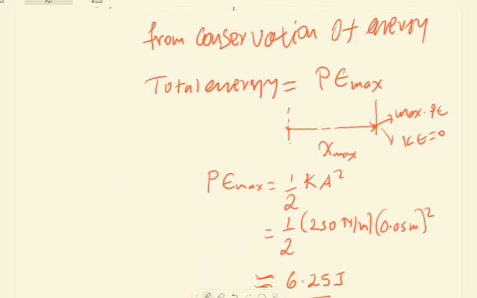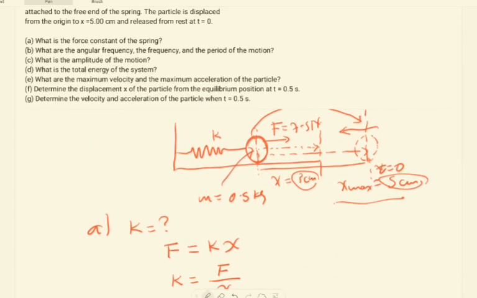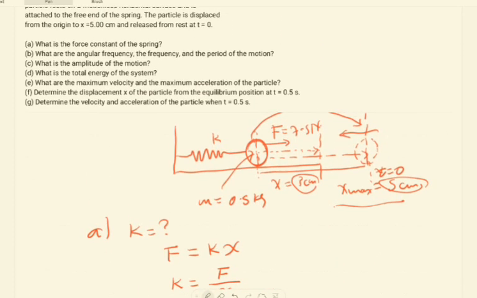Of course, in the final parts we are also asked to determine the displacement x of the particle from the equilibrium position at t equals 0.5 second, and similarly the velocity and acceleration of the particle when t equals 0.5 seconds.